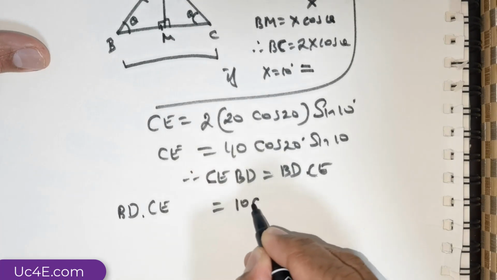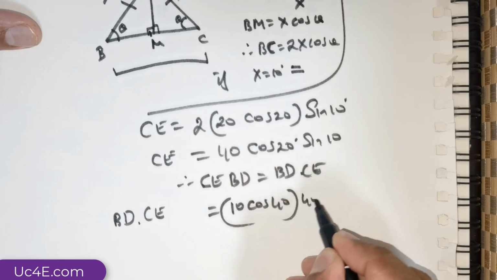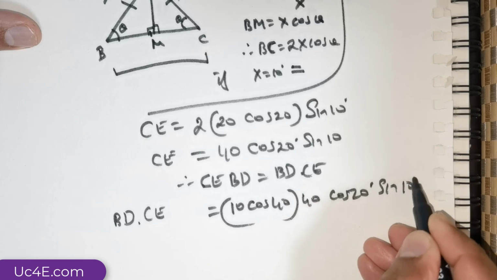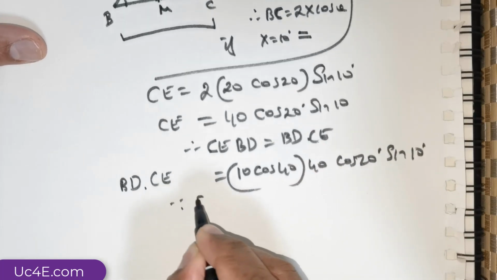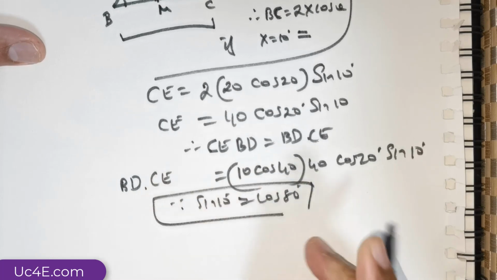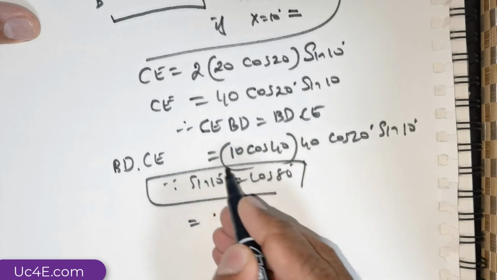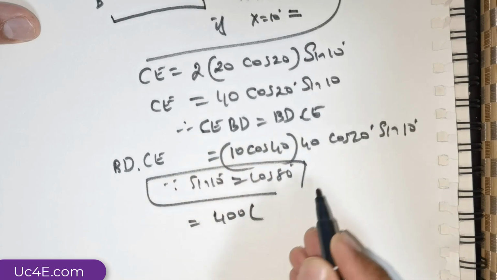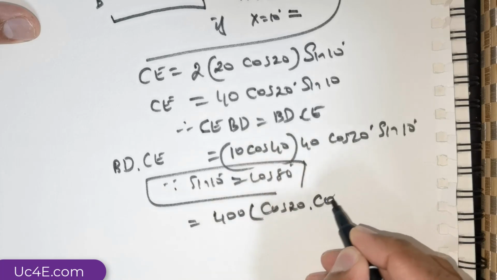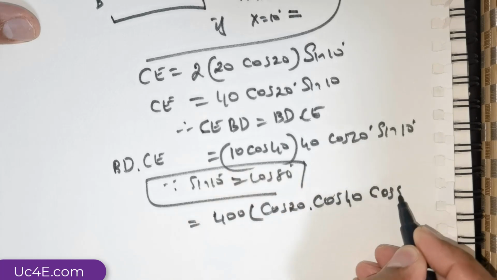So this is nothing but 10 times cos of 40 times 40 times cos of 20 times sine 10. But sine 10 is nothing but cos 80. So you can utilize that value. So if you were to rewrite this, I'm going to rewrite this as 40 into 10, 400. I start with cos 20 and I place cos 40 and then I follow it up with cos of 80.